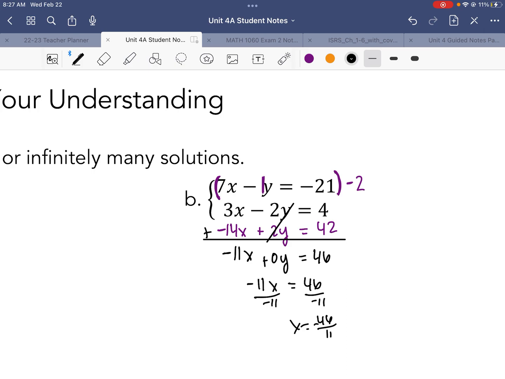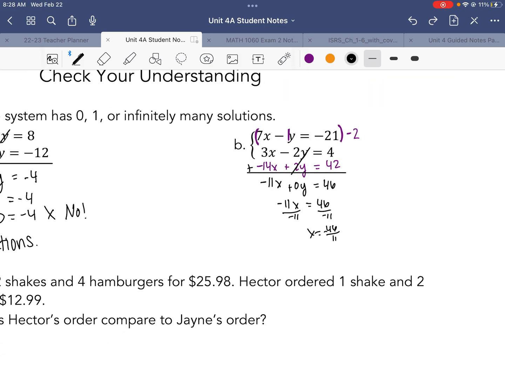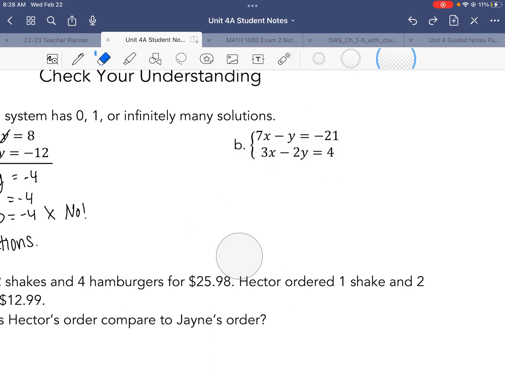So I'm not even going to actually finish this problem. But because I was able to do this and get an x, that tells me that there is exactly one solution to this problem. Let's back up a little bit here. When we are looking at this problem, do these match or are they scaled versions of each other? No. Do these match or are they scaled versions of each other? Yes, but because this one wasn't, it doesn't really matter.